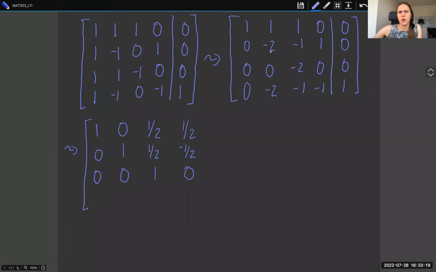And then this row, I'm going to subtract this. So I'm adding 2, I'm adding 1. And then I'm subtracting 1. And then I didn't actually add this row to any other rows, so all of the other things were zeros. So that stays the same.